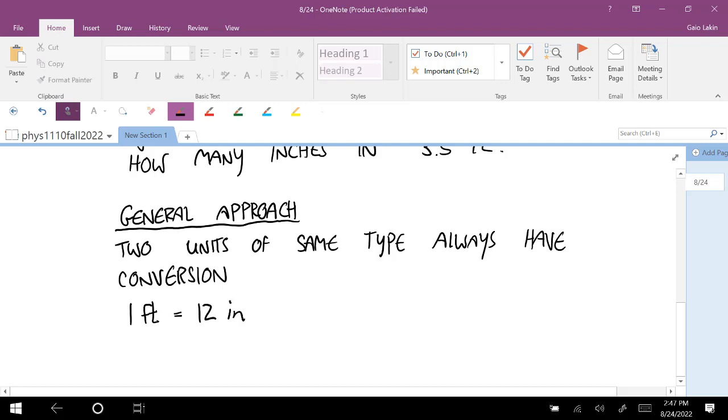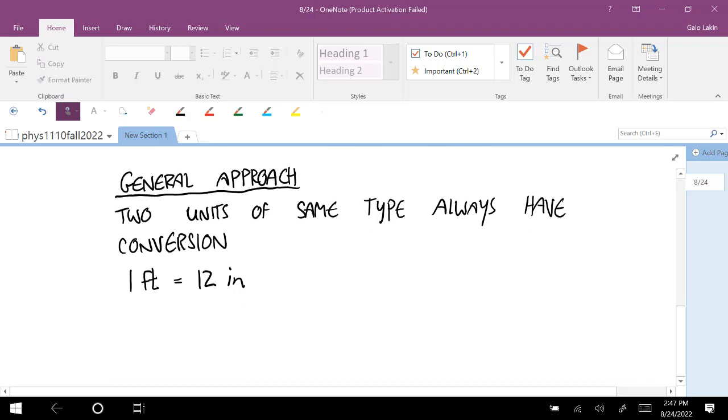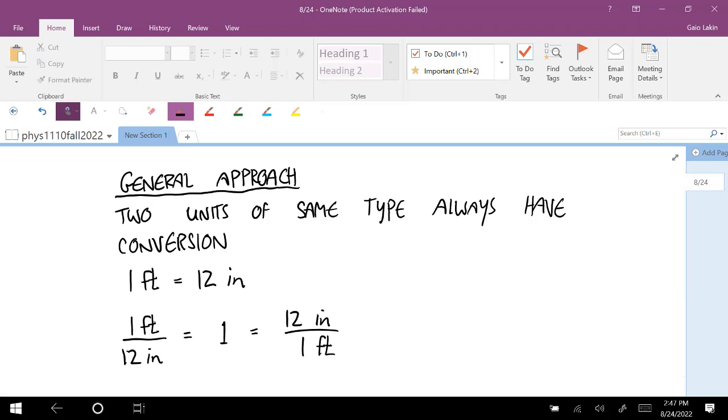And since those two things are equal to each other, you can think of it as one divided by the other one. If you divide something by itself, you get 1, right? You get something that you can multiply to things and it won't change the answer. And so we'll think of 1 foot divided by 12 inches as equal to 1. And that's also equal to 12 inches divided by 1 foot. And so these are both equal to 1.